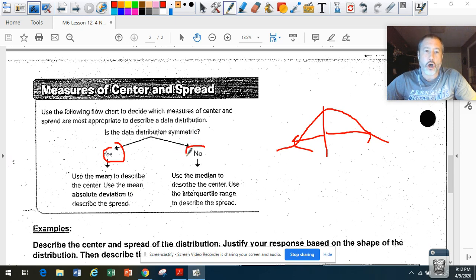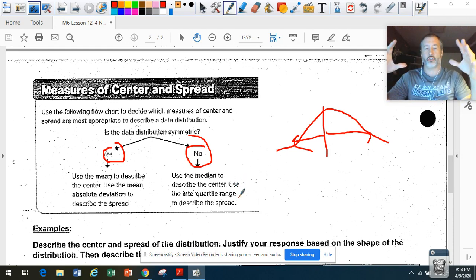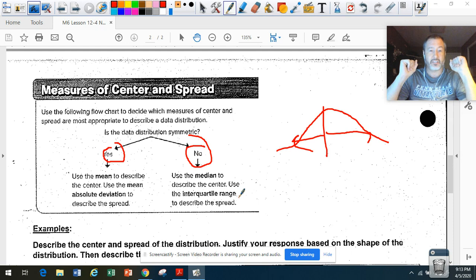If it is not symmetric at all, we have a no here. Then we use our median to describe the center and use the IQR, the interquartile range, to describe the spread, how it's distributed. Remember the center: if it's a yes, we use the mean to figure out where the center of the data is.